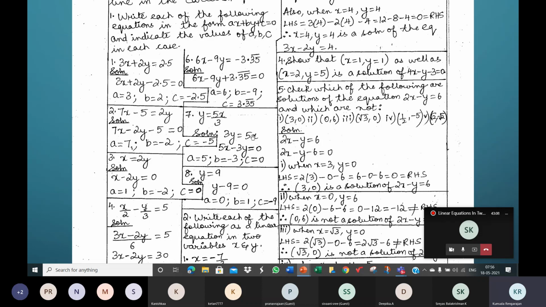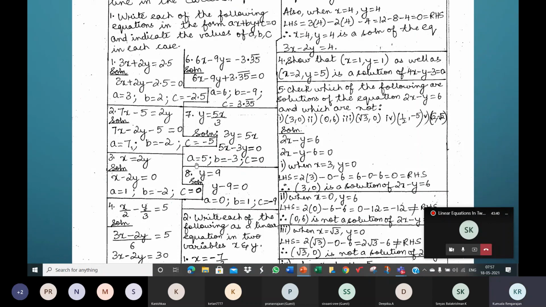But if we transposed 5x to this side, then it would be minus 5x. When you transpose this, minus 5x plus 3y is equal to 0, in which case the value of a will be minus 5. The value of b will be plus 3. A, B and C will come with opposite signs.